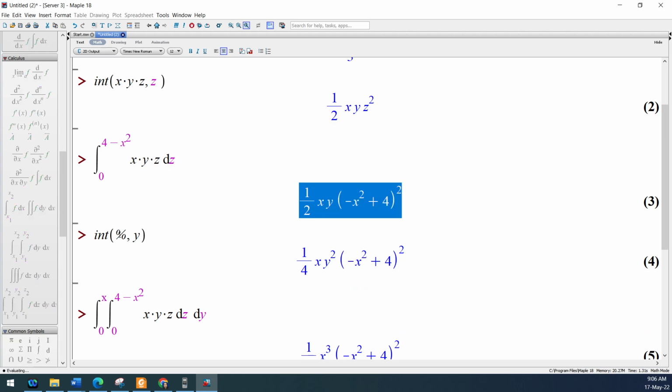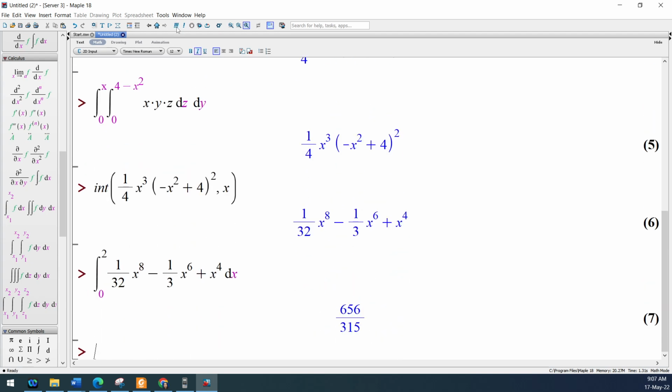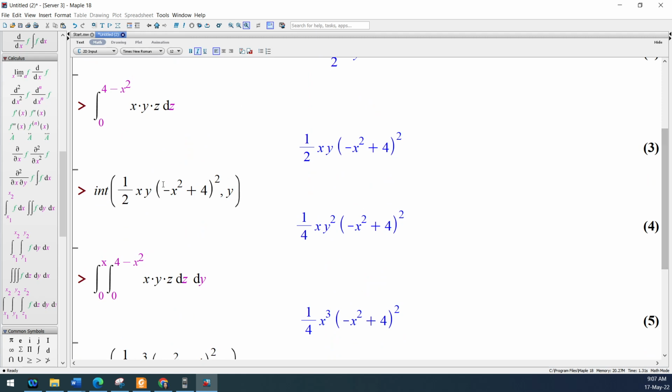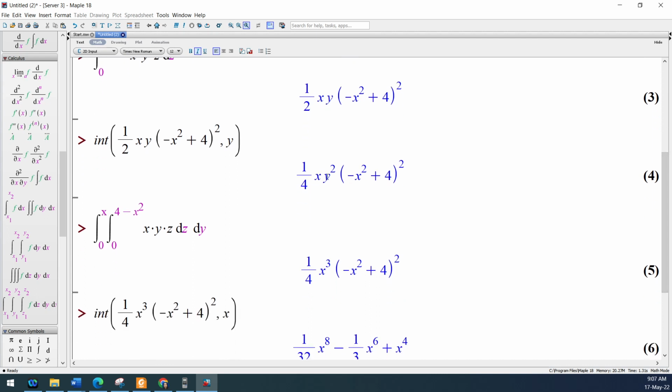Or you copy it, paste it here, integrate with respect to y. You get 1/4 x y squared, 4 minus x squared. So now plug in the limit for the y, 0 to x, so x cubed.